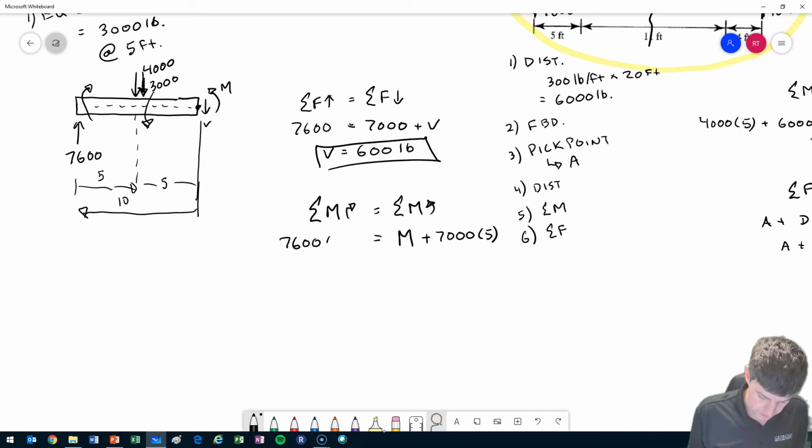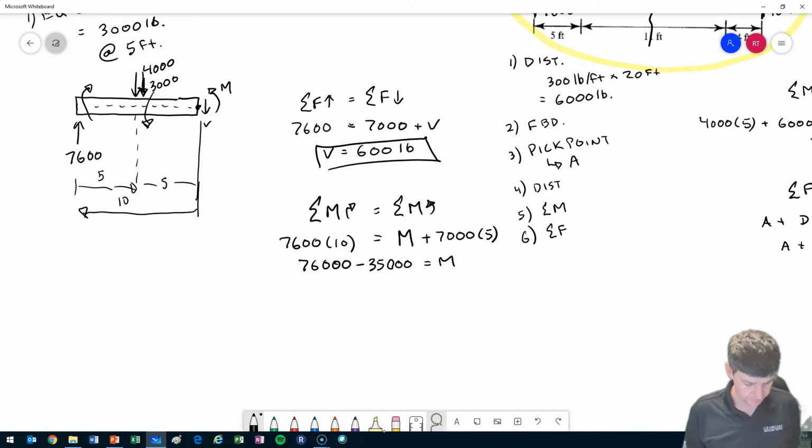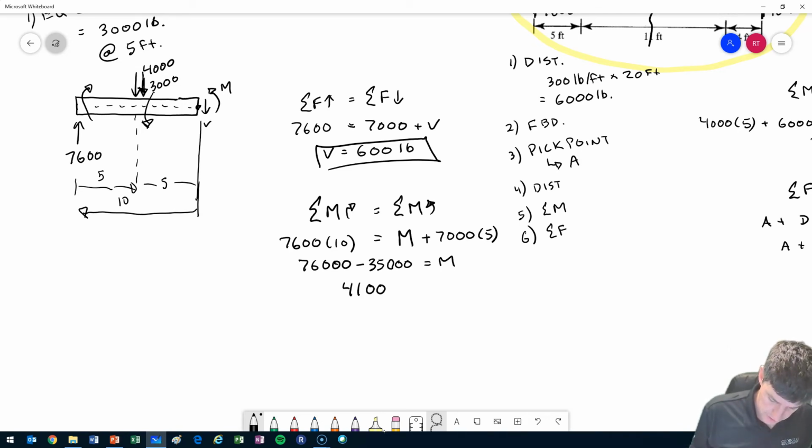That's going clockwise. So 76,000 minus 35,000 is going to be equal to M. And 41,000 pound-feet is equal to M.